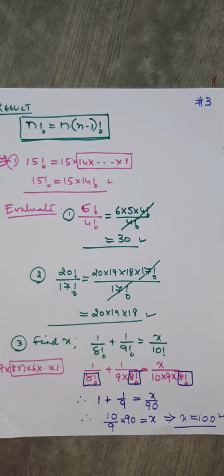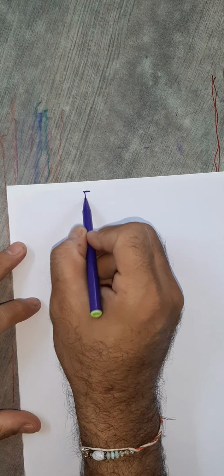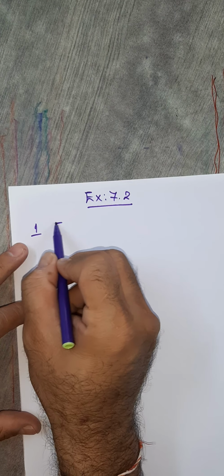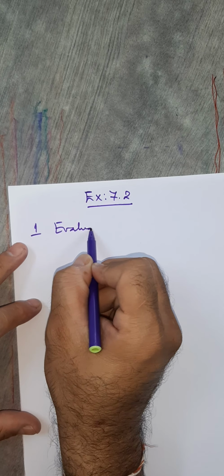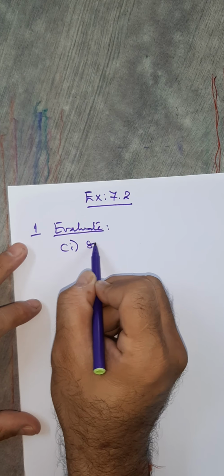Now I'll go to exercise 7.2, which is a very simple exercise based on the factorial symbol only. 7.1 we'll do later on. We are going for 7.2 first. The first question is, evaluate. First one, 8 factorial.